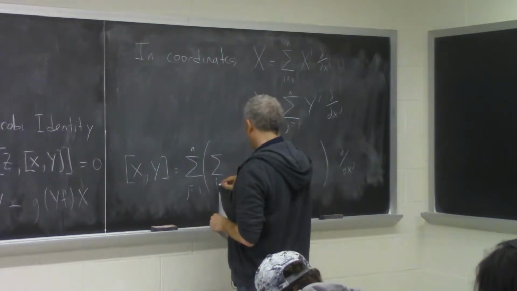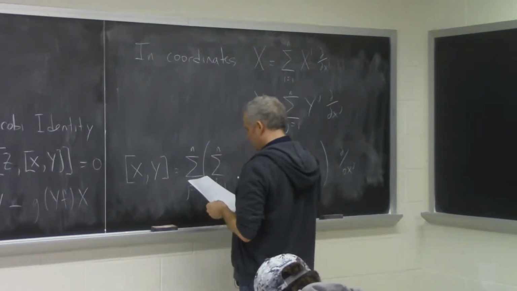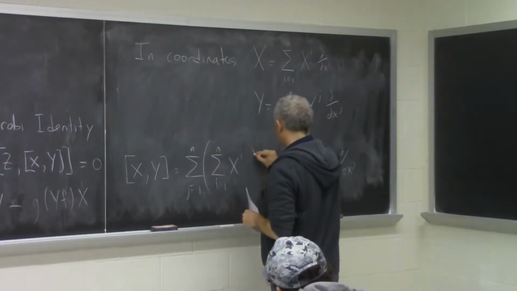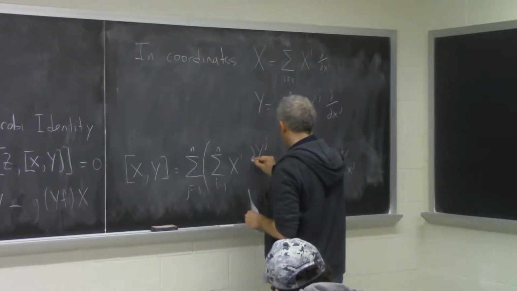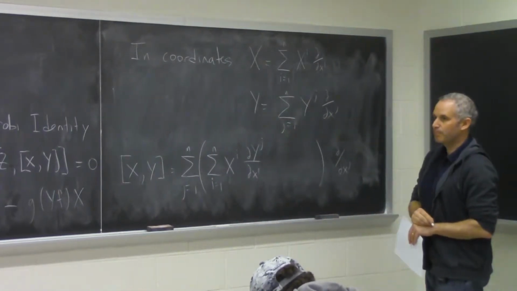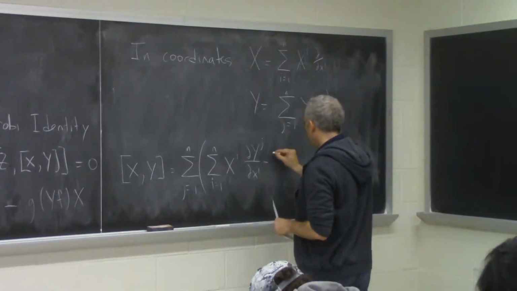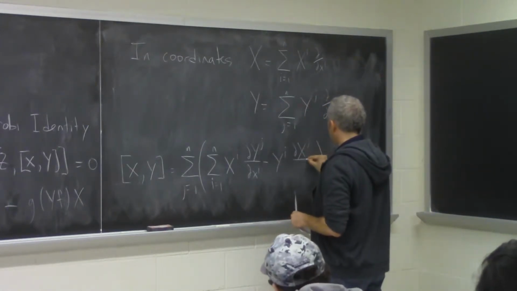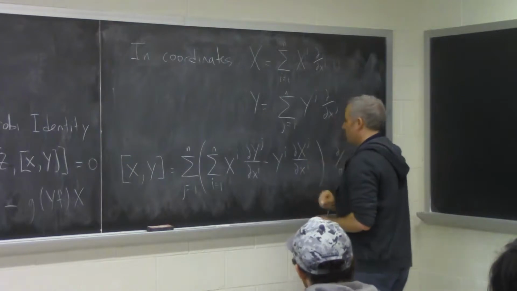It's a sum from i equals 1 to n, and then we have xi times the partial derivative of yj with respect to xi, minus yi times the partial derivative of xj with respect to xi.